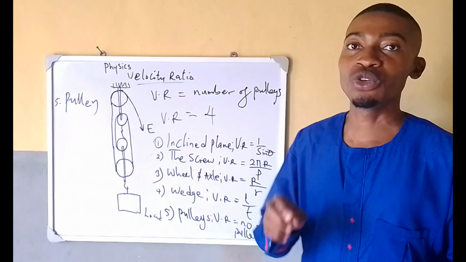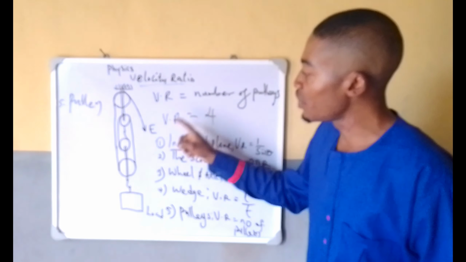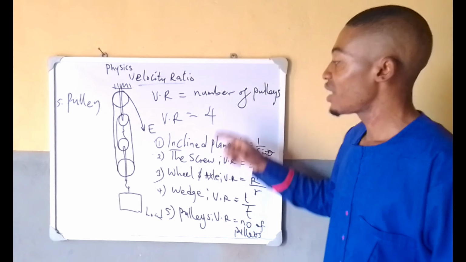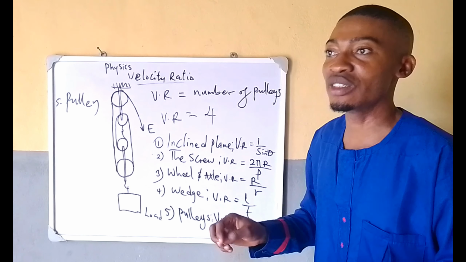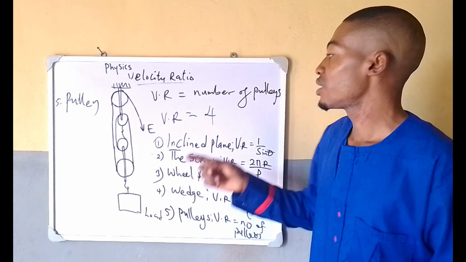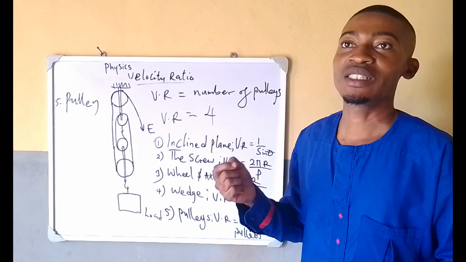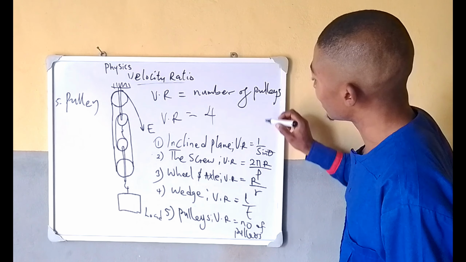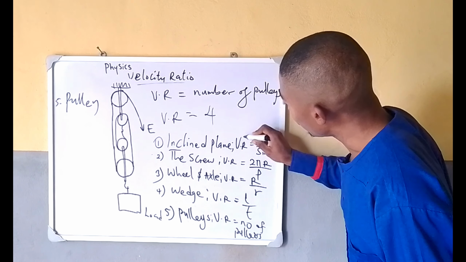And also, do not forget that if in any of these machines it happened that there is no friction, if the question says that the machine is frictionless, that is no friction in such a machine, you can also take it that the mechanical advantage of that machine will also be the same as what you have gotten here.